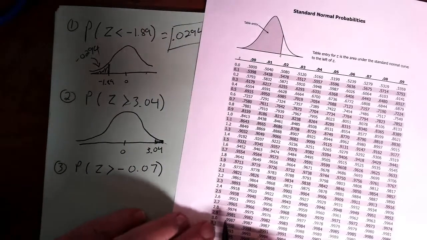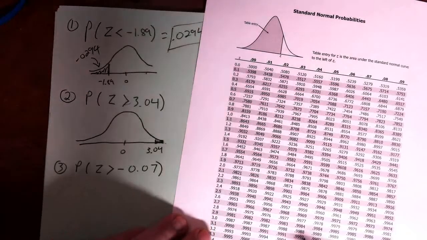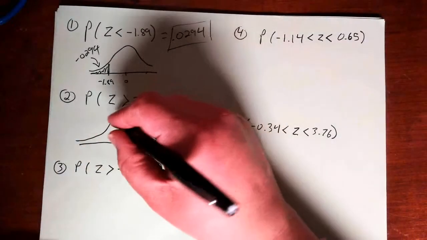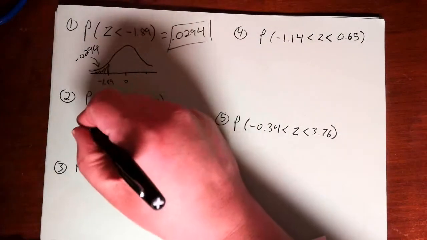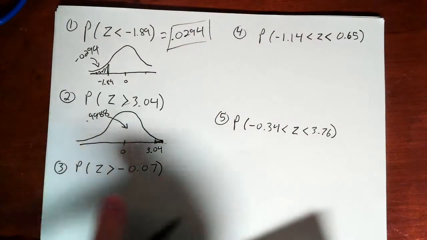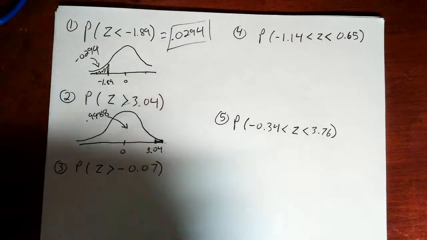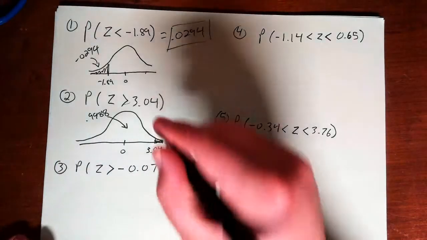3.04 gives me 0.9988. So remember, the table always gives you the area to the left of, okay? And what I want is this little smidget of area over here in the tail.